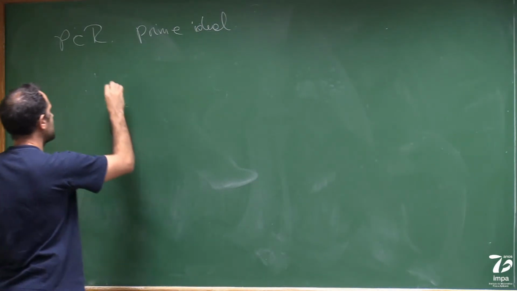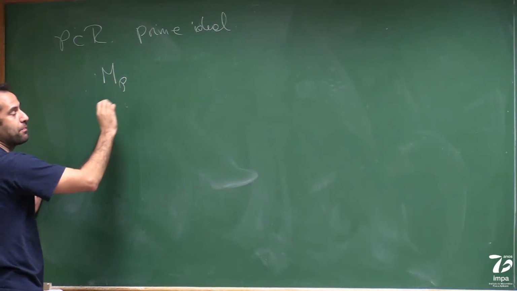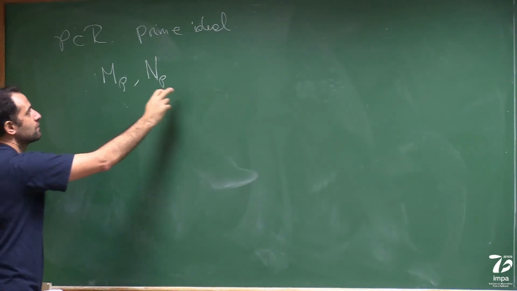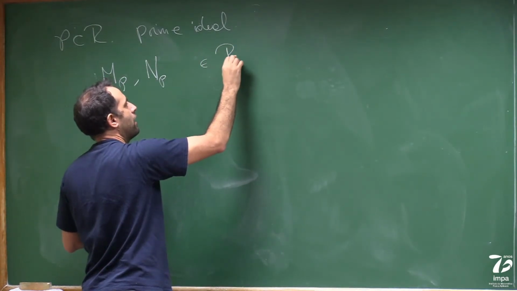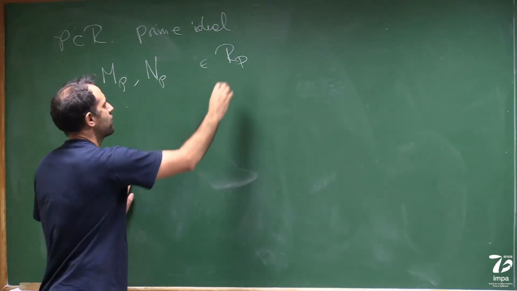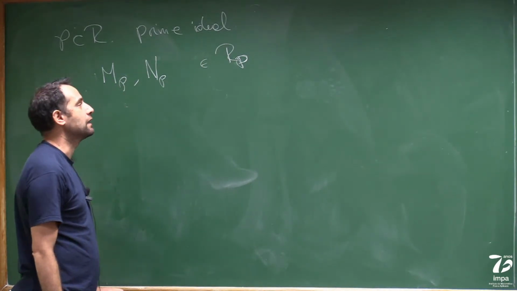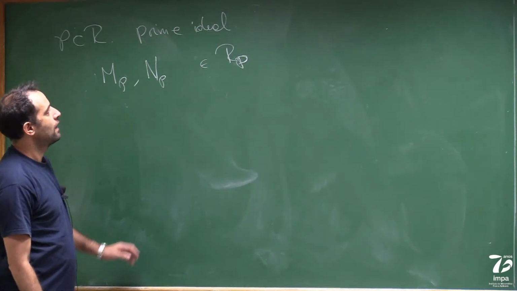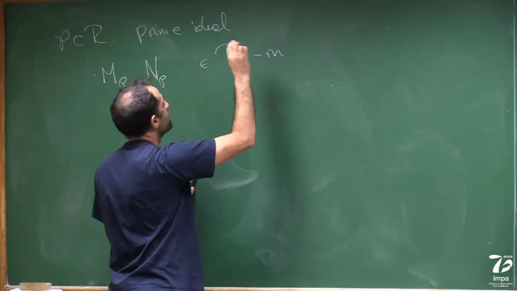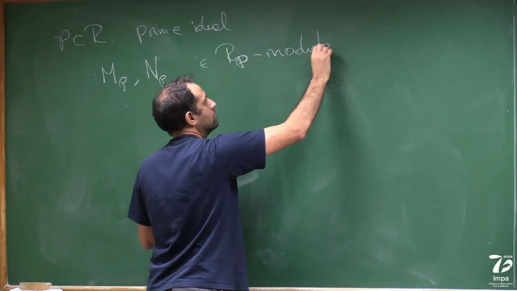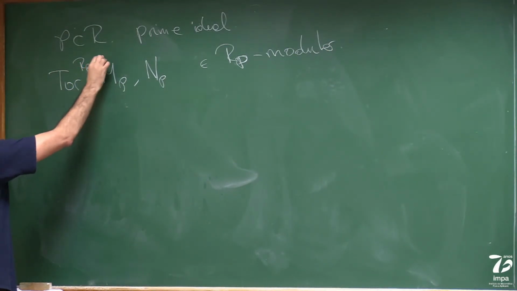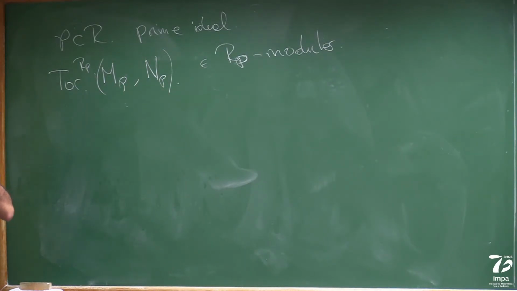What I can do is look at M, localize it at P, look at N, localize it at P. Now these are RP modules, localized at P. This is the localization of R near the point given by P, and these are RP modules. Again, R is commutative now. So what I can do is just look at the Tor over RP. And these are RP modules.